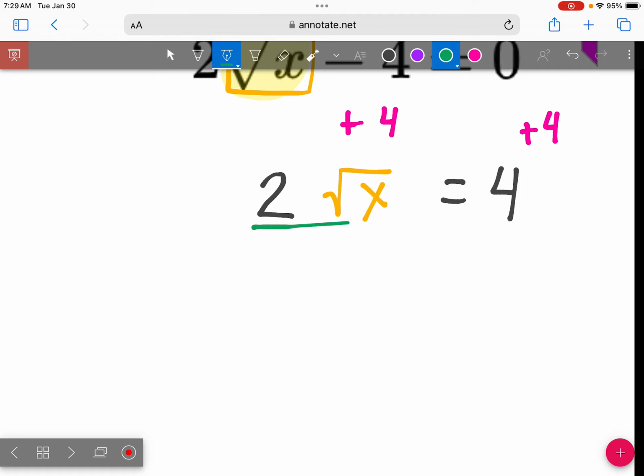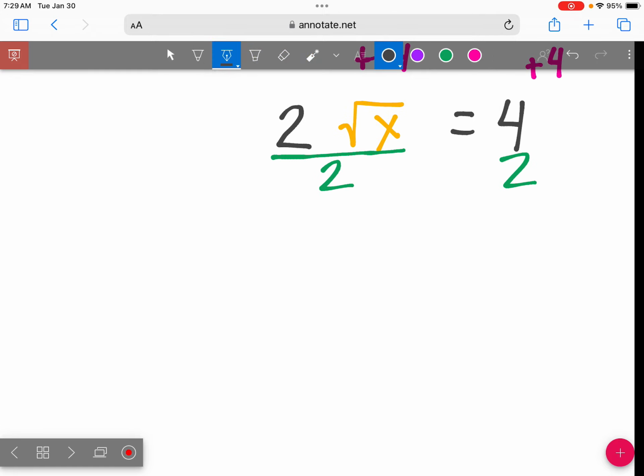Divide. We're going to divide by what? 2. So then we have the square root of x equals, oh, that was a divide, 4 divided by 2, which is 2.